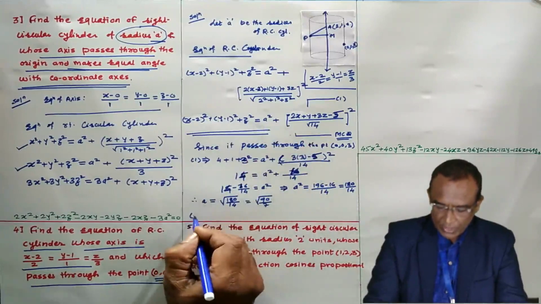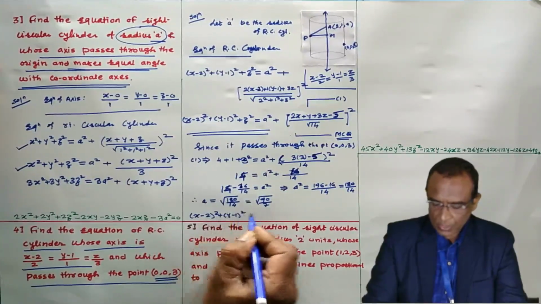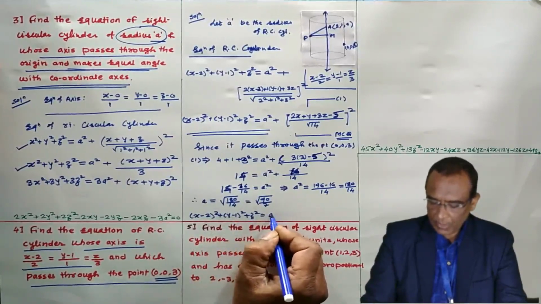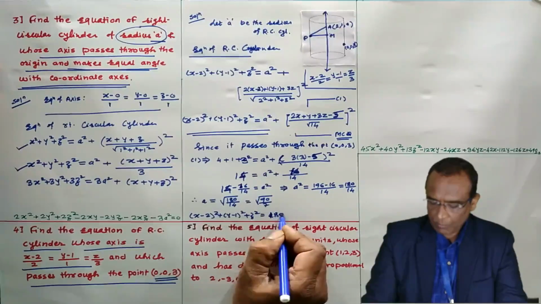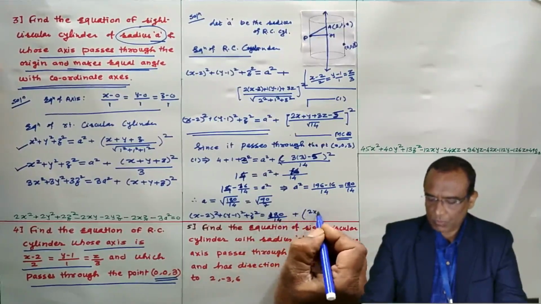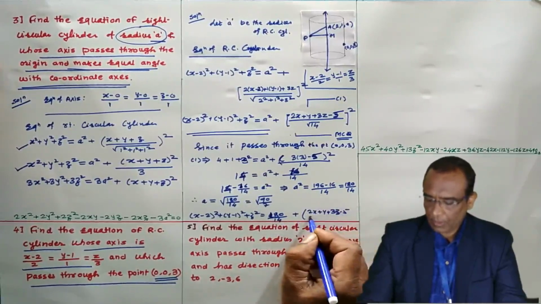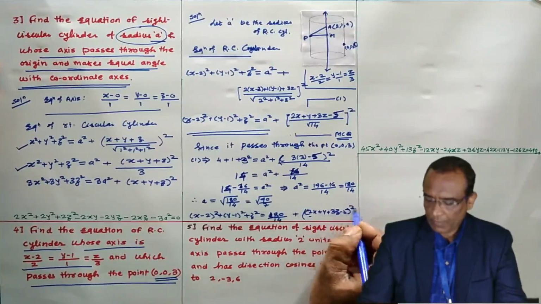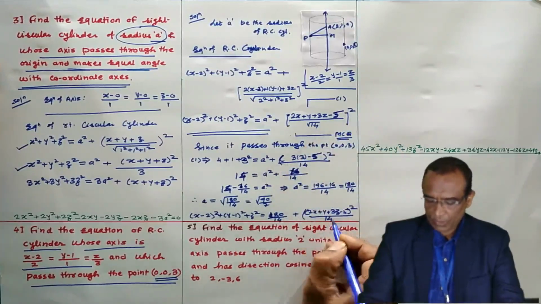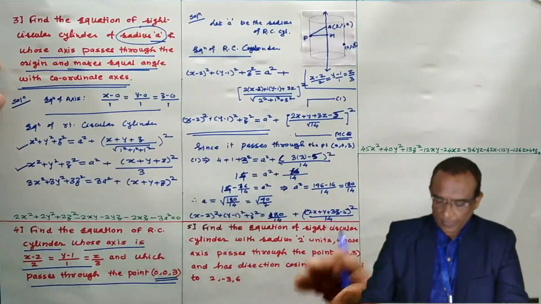Here very quickly I am writing (x minus 2) square plus (y minus 1) square plus z square equals a square, means 180 by 14 plus (2x plus y plus 3z minus 5) whole square divided by root of 14 square, which is 14. So you can multiply throughout by 14 and you can solve it further.